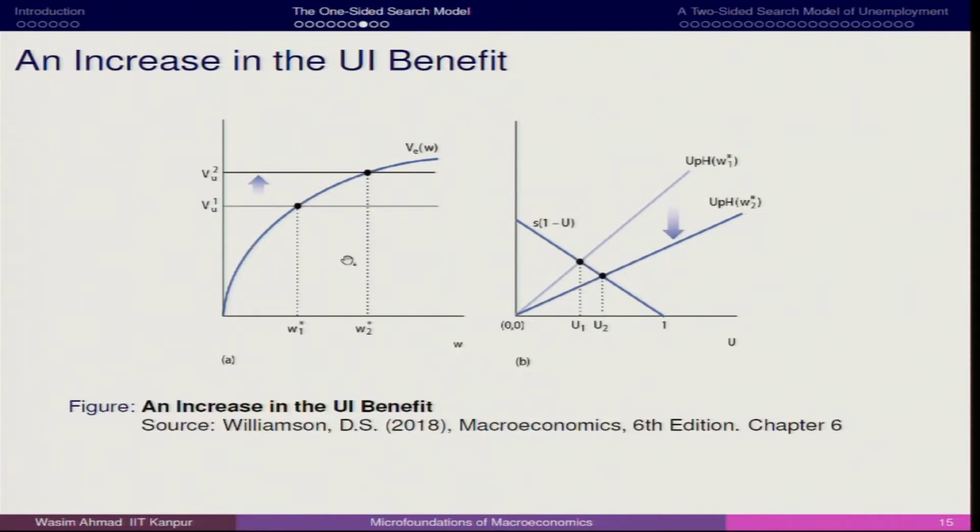Whenever we see an increase in unemployment insurance benefit, this is a good learning for those countries which provide enough benefit, especially in Europe and Canada, where we see high rates of unemployment. One reason could be this: when you provide enough unemployment insurance benefit to individuals, they know that this becomes the benchmark for bargaining.